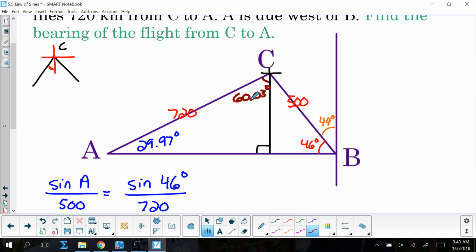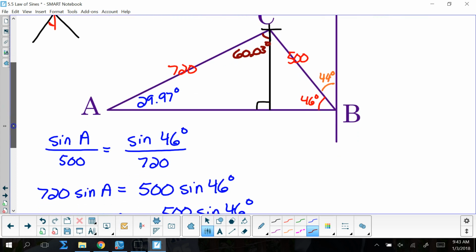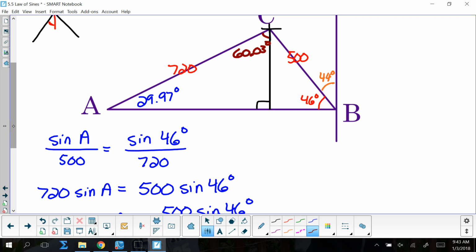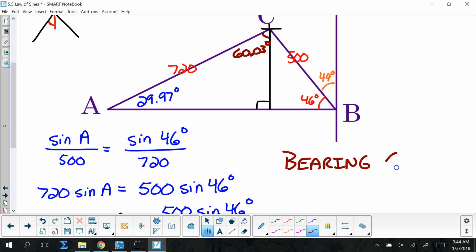That's .03 degrees up in there, right? Okay. Now the question that it's asking is, what is the bearing of the flight from C to A? Well, that angle is 60.03, but the bearing is 240.03 degrees.